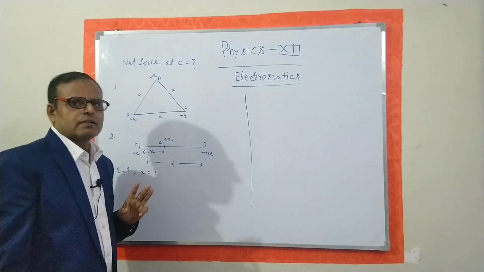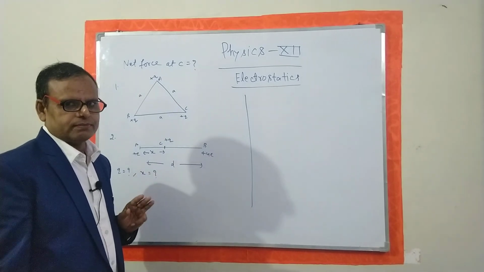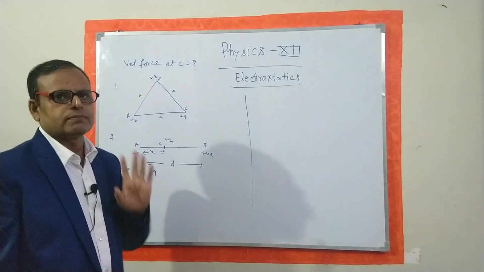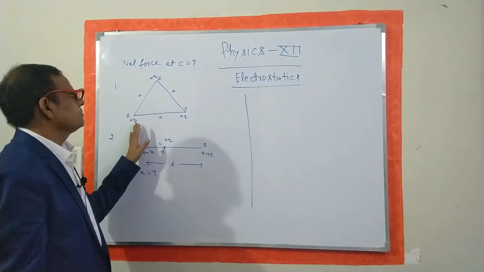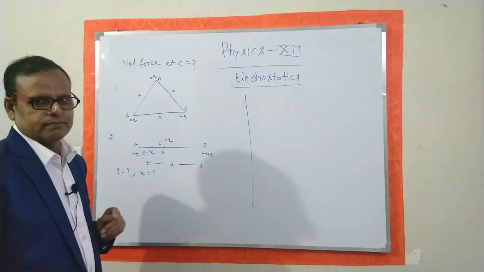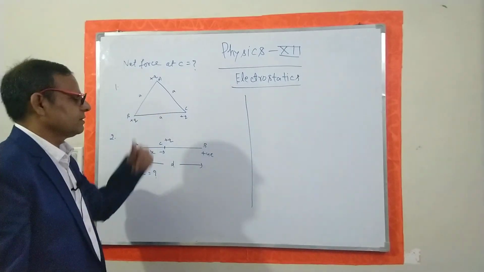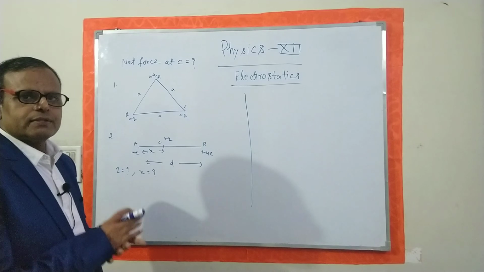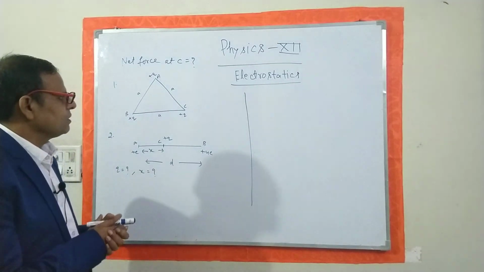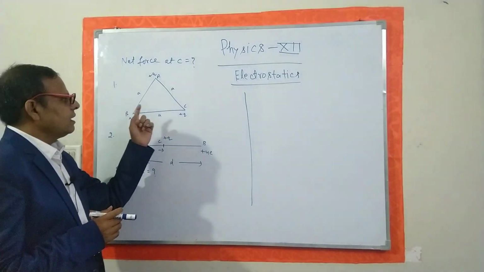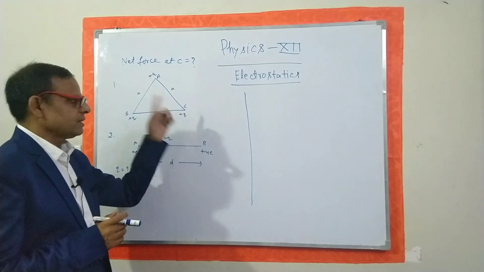Three identical charges, each plus Q coulomb, are lying on the vertices as shown in the figure. We have to find the net electrostatic force on point C.